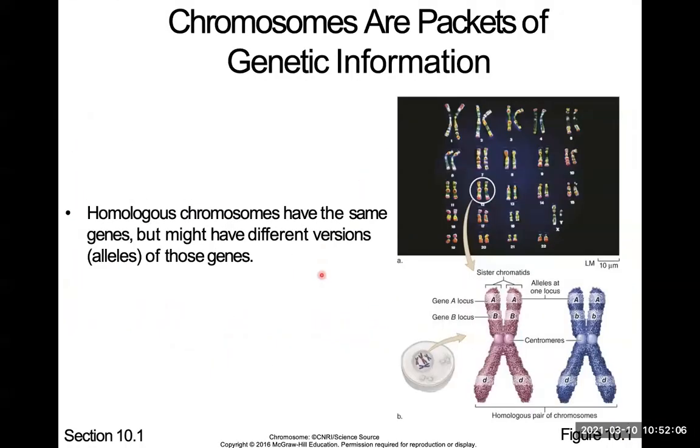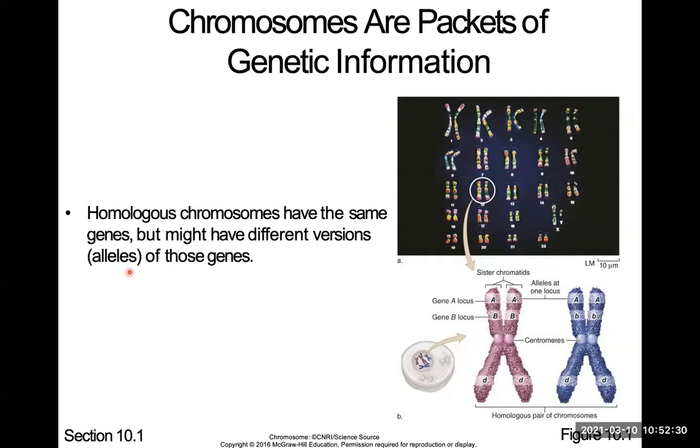So this is a review. I gave you guys a few vocabulary words last time. You have to know these in order for you to understand this chapter. So one word was homologous. Homologous chromosomes have the same genes, but they might have different versions, alleles. This is very, very important that you understand what allele means for this chapter.